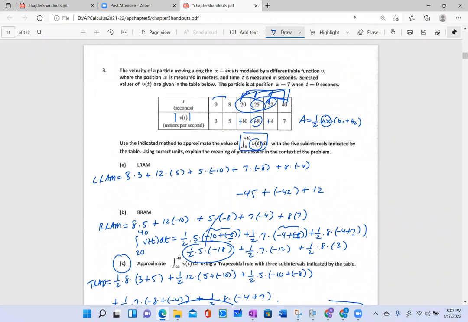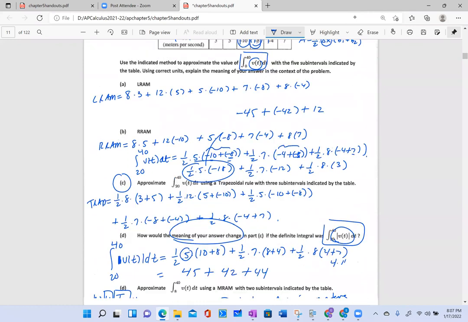Delta x is 5, then delta x is 7, then delta x is 8. When you do 1/2 times 5 times the first y plus this y, that's your first trapezoid. Then from here to here, it's 1/2 times 7 times 8 plus 4, plus 1/2 times 8 times 4 plus 7. I just can't reinforce it enough.